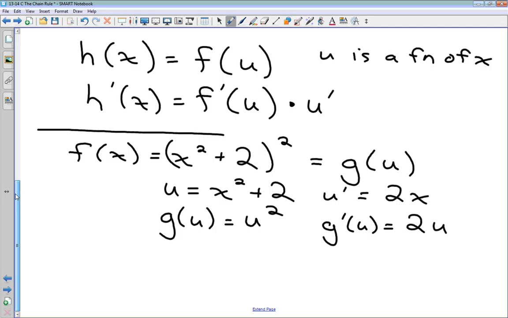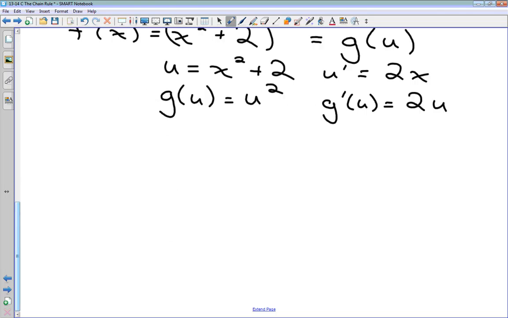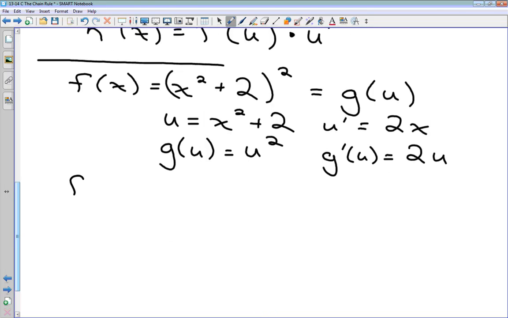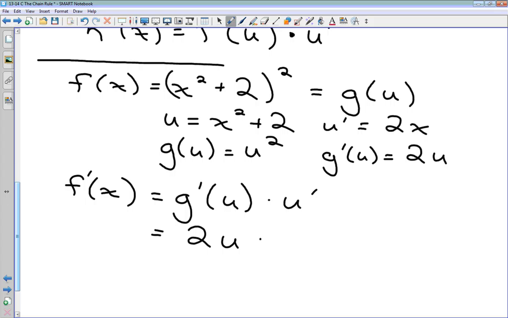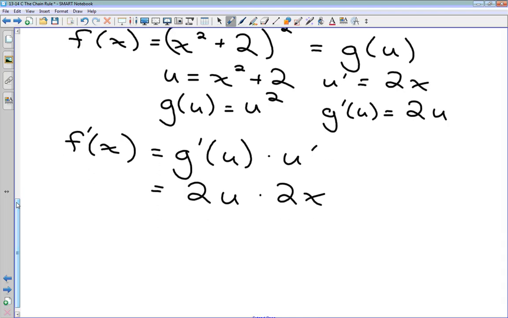So let's put this together in the chain rule here. Our derivative, f primed at x, is going to be g primed at u times u primed. g primed at u is 2u. u primed is 2x. And if I want to express this in terms of x, I can just take what I've got here for u and sub it in where u is.